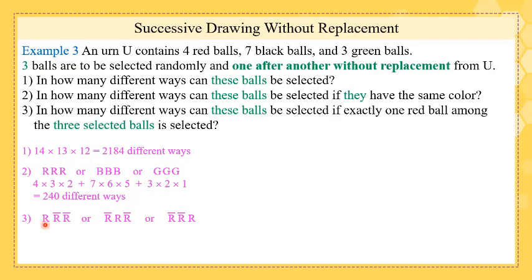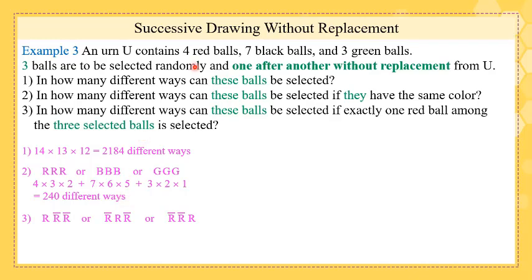The first ball could be red, the second one should be non-red, and the third one should be non-red. And this bar means none or not. Or we might have another way. The first ball should be non-red, the second should be red, and the third should be non-red. Or the first ball is non-red, the second ball is non-red, and the third ball is red.